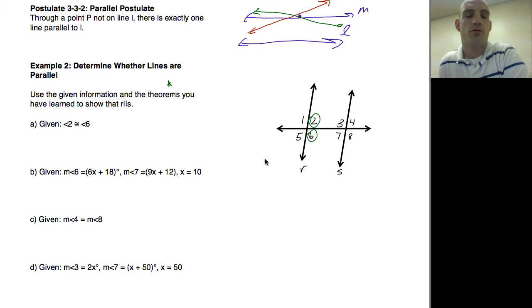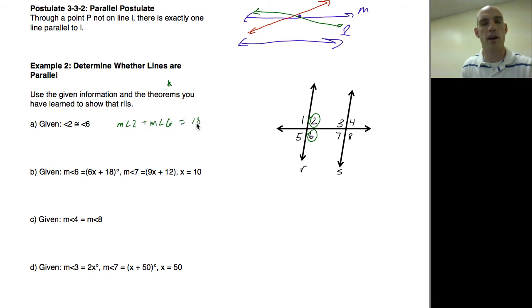Well, if 2 is congruent to 6, I know that they're on a line, so the linear pair postulate says the measure of angle 2 plus the measure of angle 6 equals 180. So if they're equal, then measure of angle 2 equals 90, and also the measure of angle 6 equals 90. And so if I go around and I mark these, 90, 90, 90, I've got 8 90s here, right?